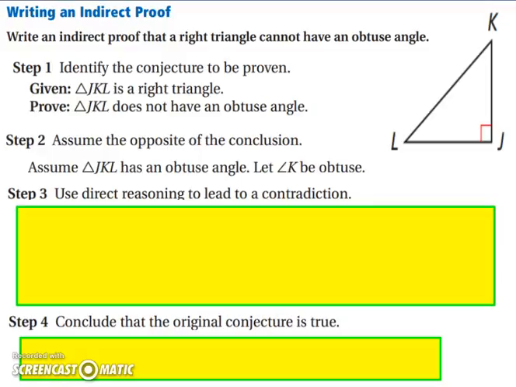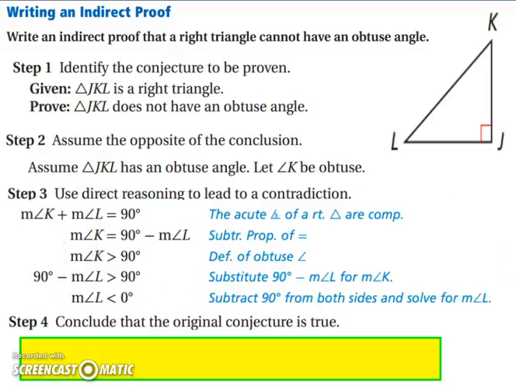Then use direct reasoning to lead to a contradiction. So I'm going to show you this one because we are going to be doing another one. Alright, well, if the measure of angle K plus the measure of angle L has to equal 90 degrees, because we know that the acute angles of a right triangle are complementary, let's get K by itself.